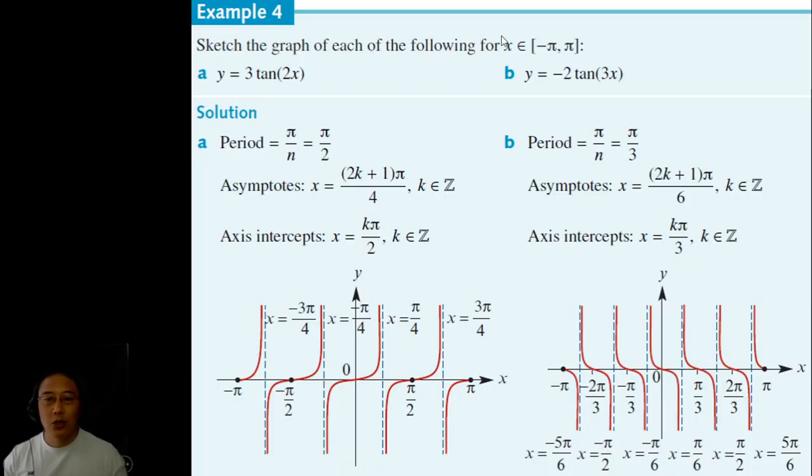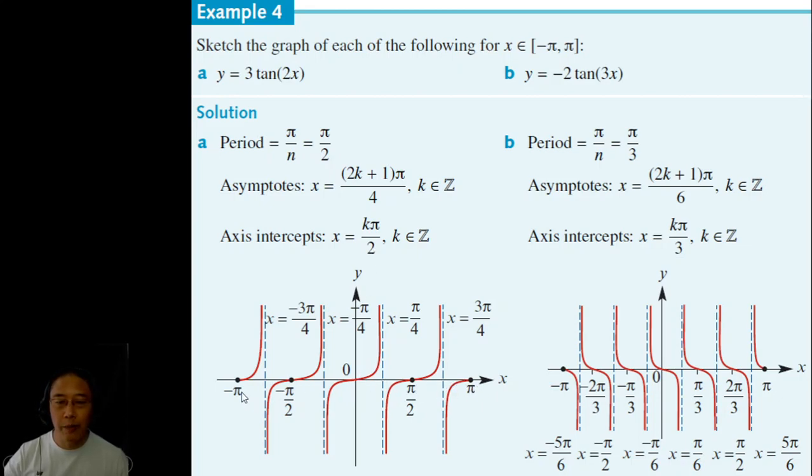Okay, so here you will have y equals 3 tangent of 2x, the period is pi on 2, the asymptote is (2k plus 1) over 2 divided by 2, that gives you your asymptote. So you place your vertical asymptotes, which is pi on 4 at an interval of pi on 2, which is the period. Okay, and here because the period is pi on 2, you have 0, pi on 2, and so on.